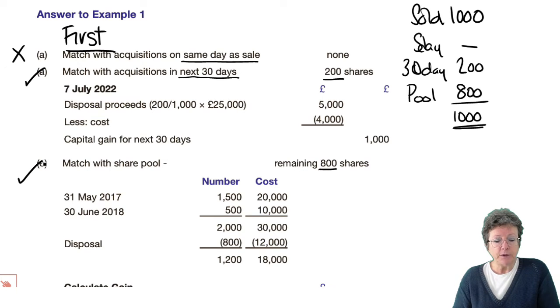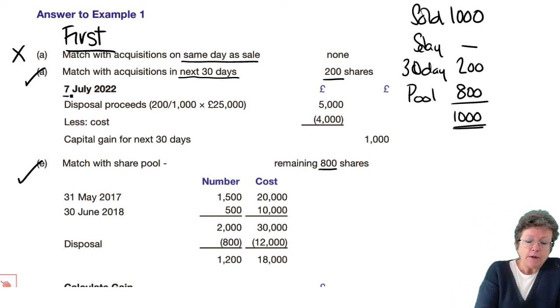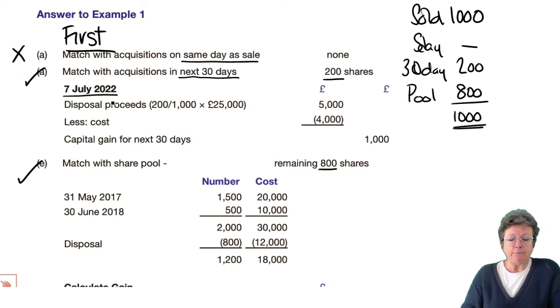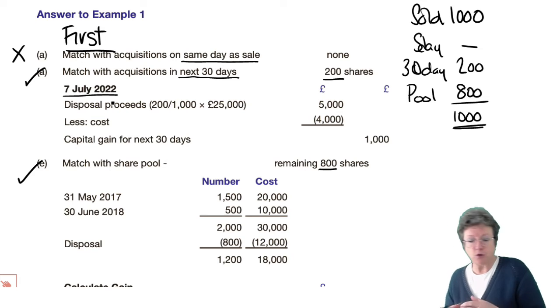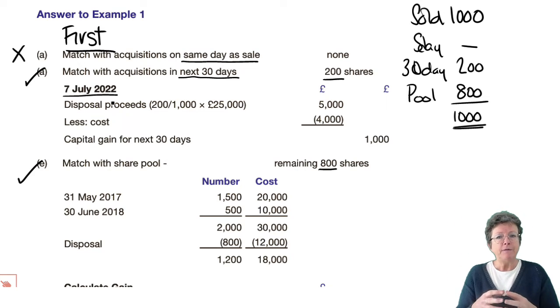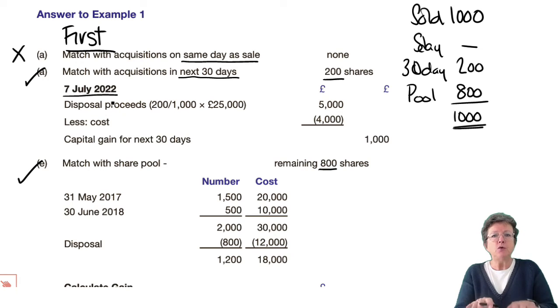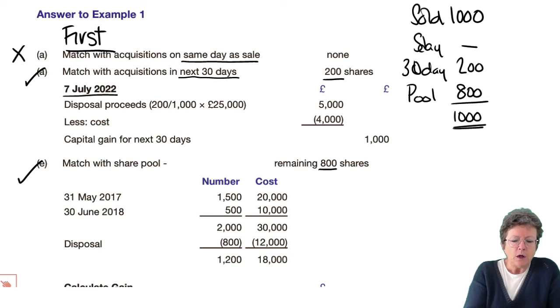So the first computation is the sale on the 7th of July. Now what we have to do therefore is to the proceeds that she received, which the question says were £25,000, that has to be split between the two computations using the share ownership as the figure to work it out. So 200 shares were bought out of the 1,000.